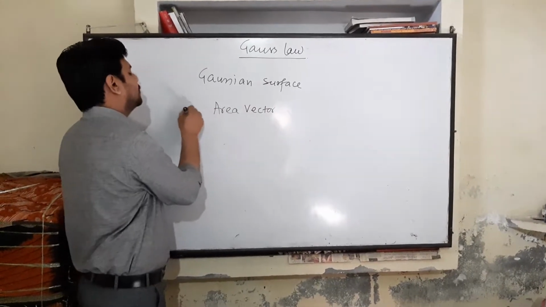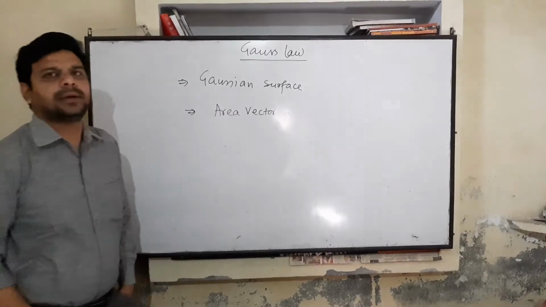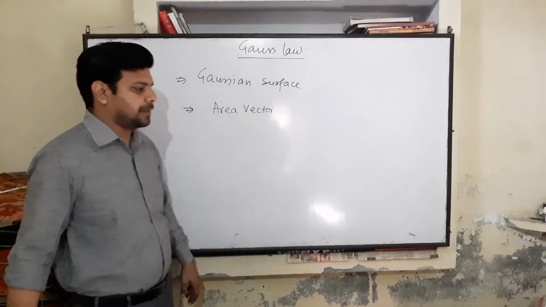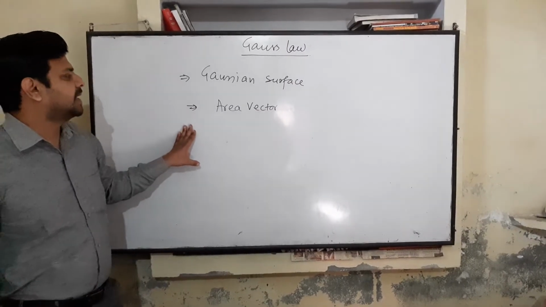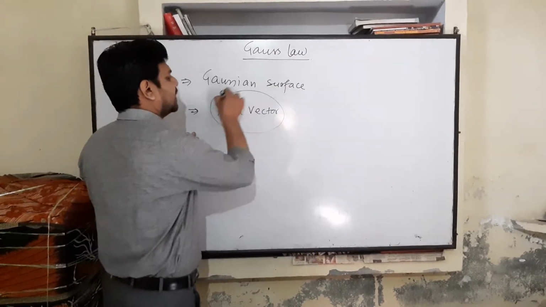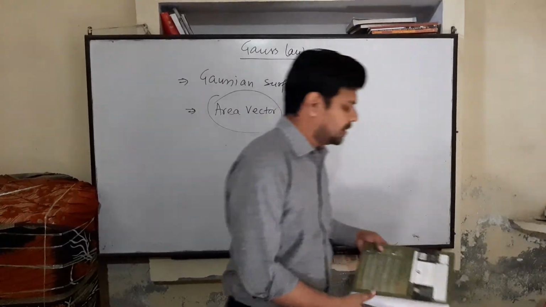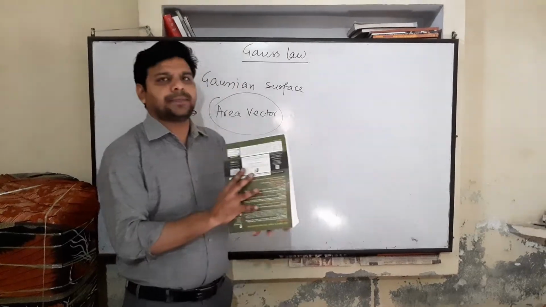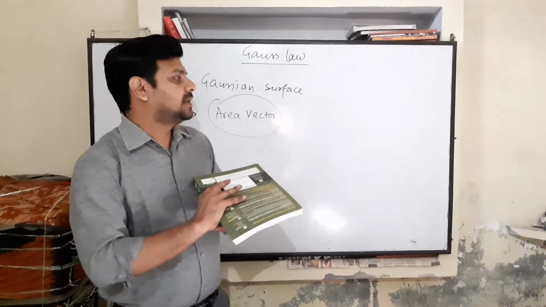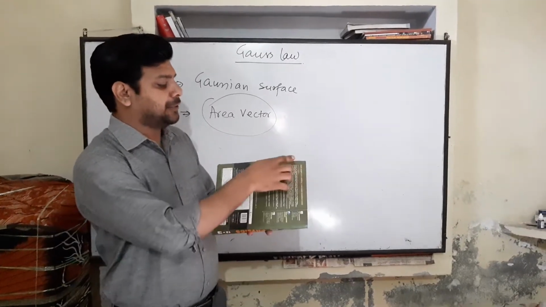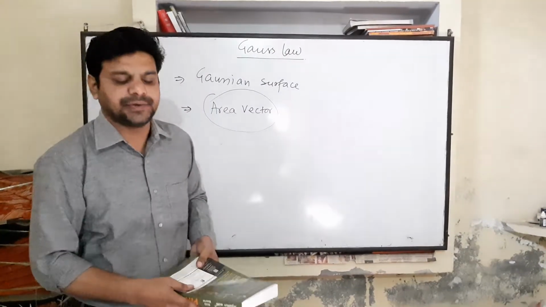These are the two special terms which we will use in this topic. Then what is area vector? Consider this shape is a rectangular shape. What will be the area of this face? L into B. We can find it easily.